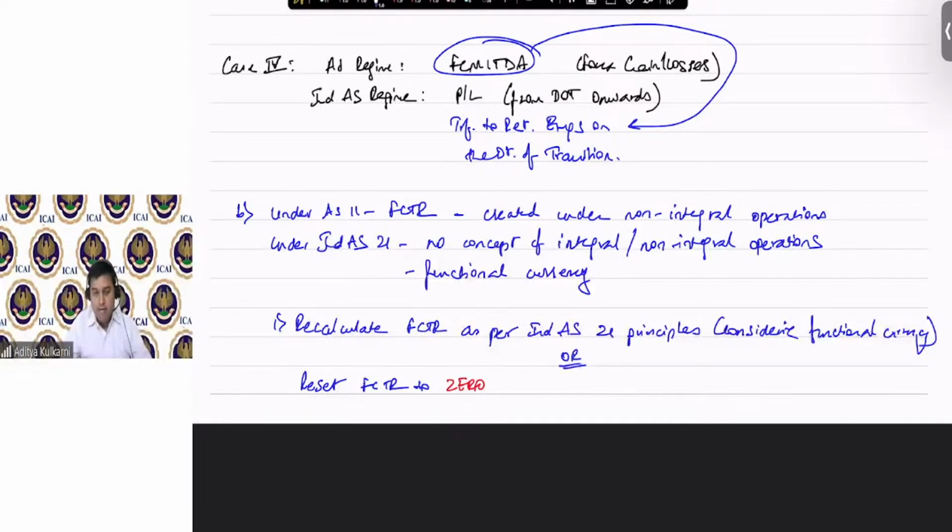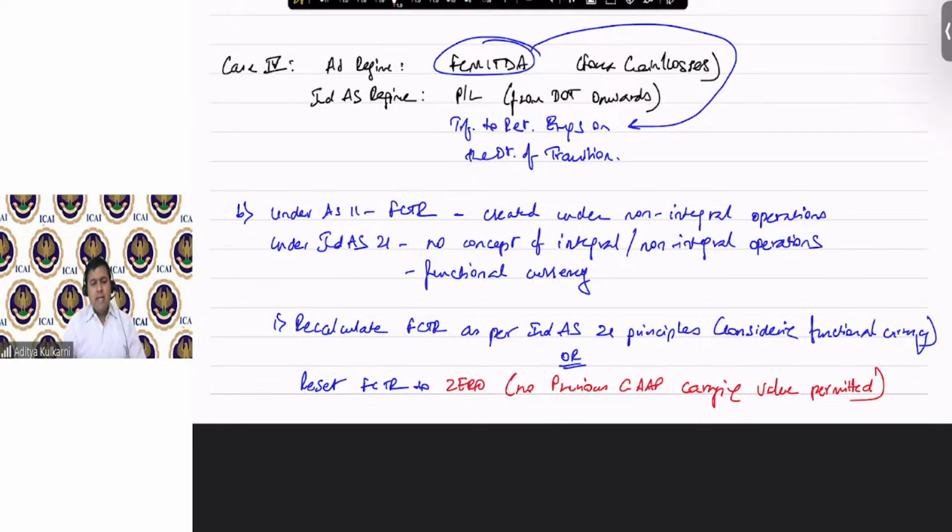We will make it 0. But you cannot continue with the previous GAAP carrying value. No previous GAAP carrying value permitted. Are we clear with this? Yes? Does it make sense?